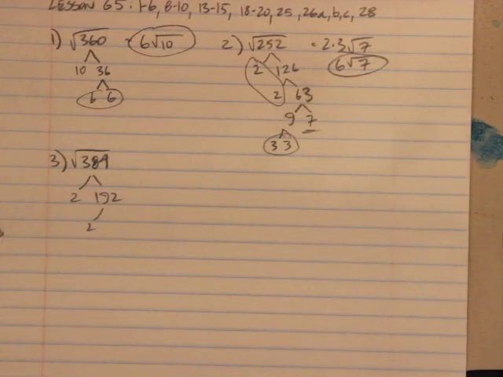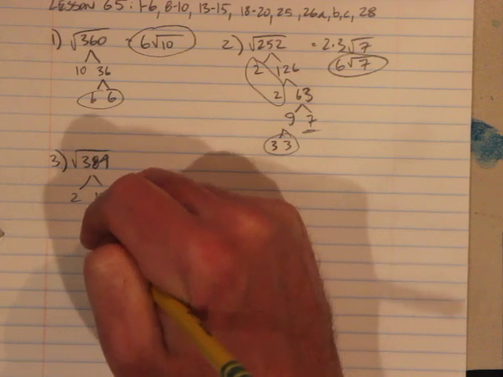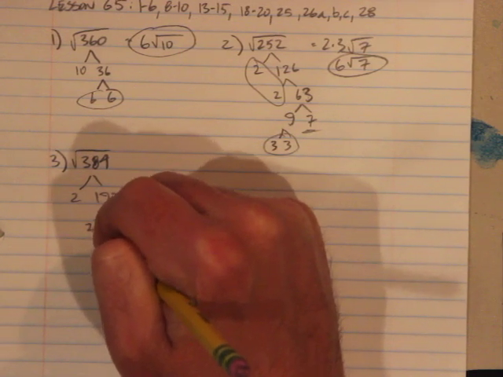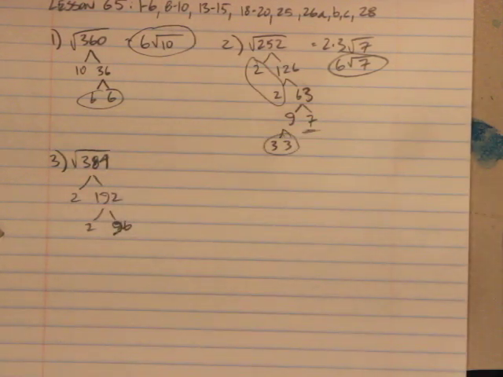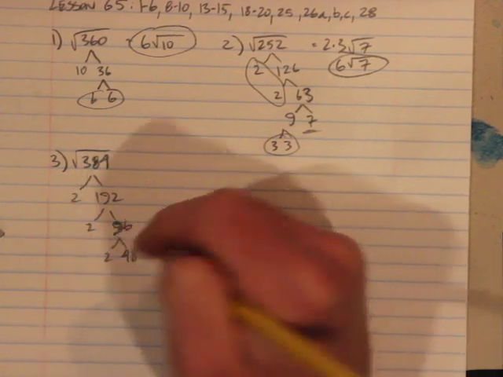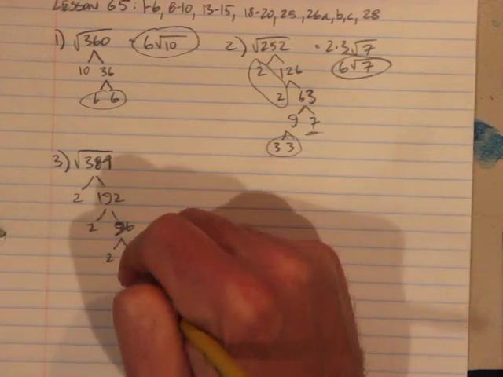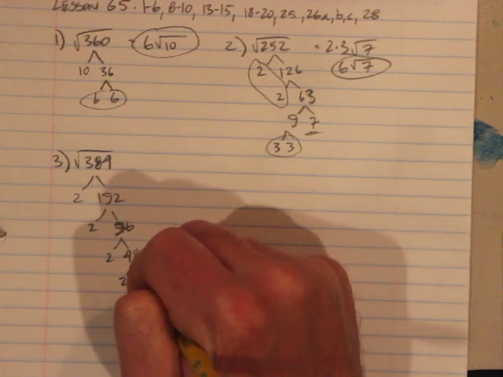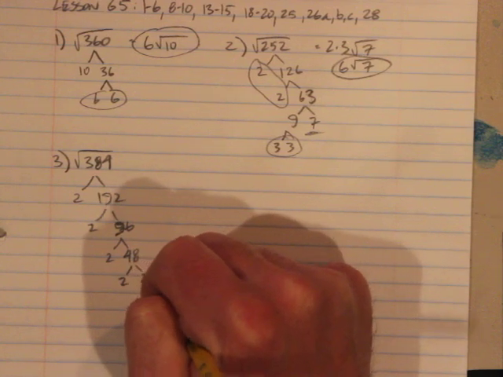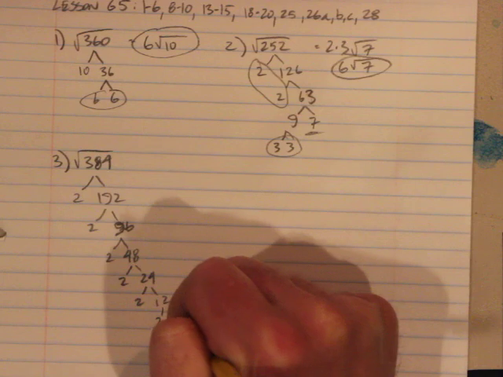And 192 divided by 2 is 96. 96 divided by 2 is 48. And then 48, let's just keep dividing by 2, I guess. That gives me 24, 2, that's 12, 2 and 6, 2 and 3.